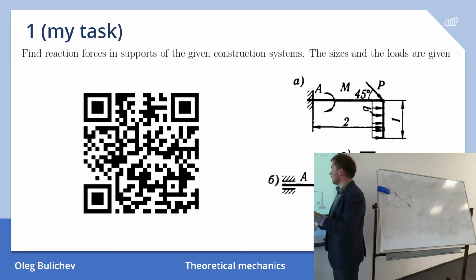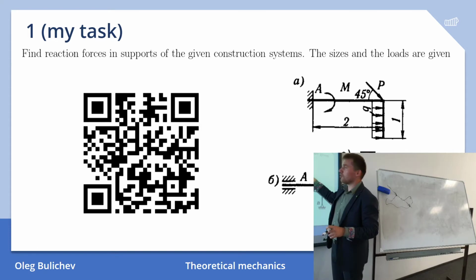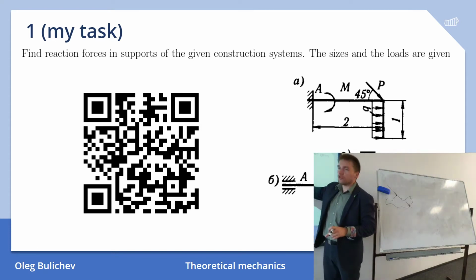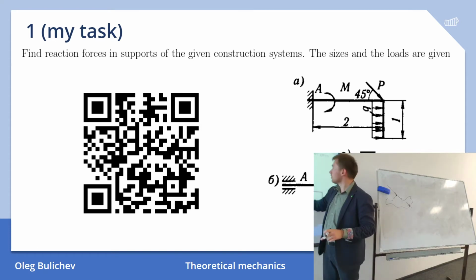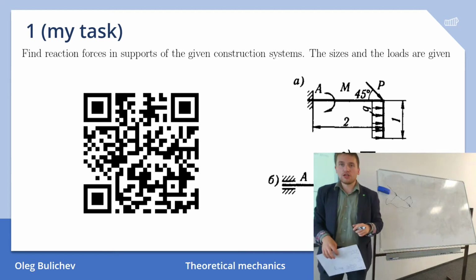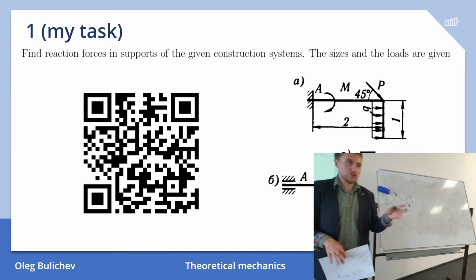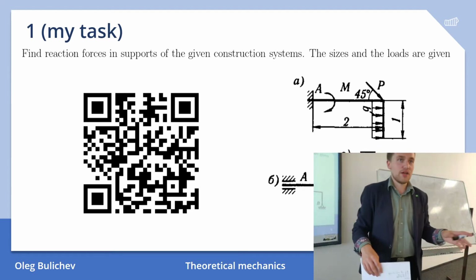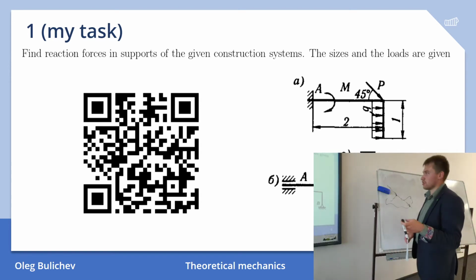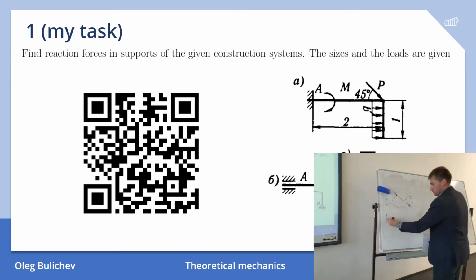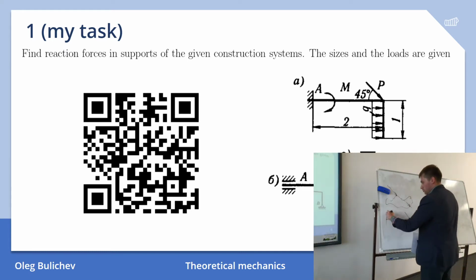No, how can we find this moment related to point A? If you use the Varignon rule, or I forget how it's called, actually, to decompose on the basis. Yes, we can either decompose on the basis, or we just need to find the intersection between the point and the force.